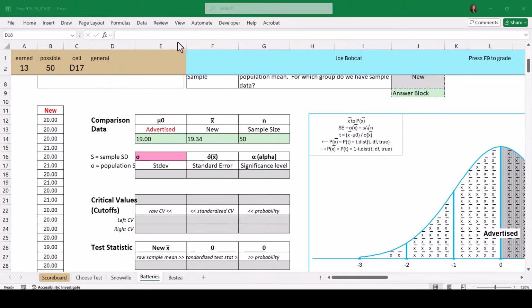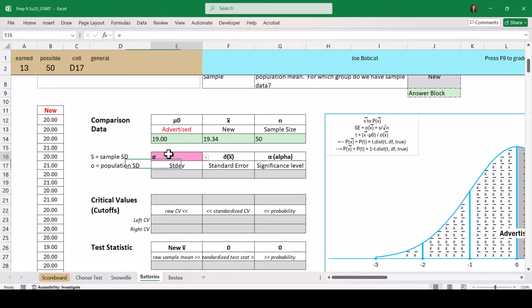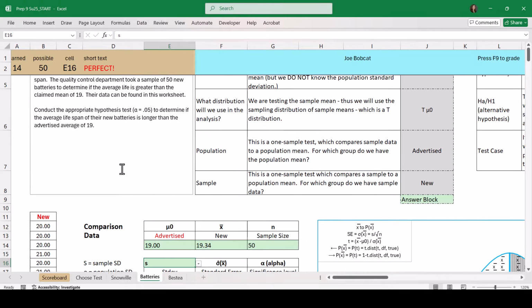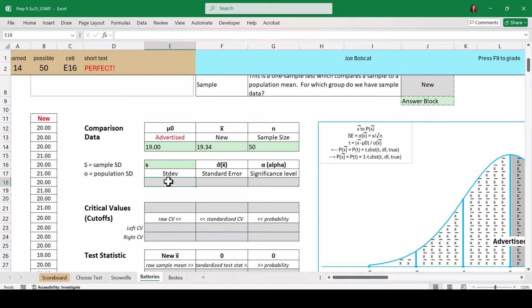So you need to think about whether you know the population standard deviation or the sample standard deviation. We do not know the population standard deviation. They gave us this population mean of 19 hours, but they did not give us a population standard deviation. So we are going to compute the sample standard deviation.